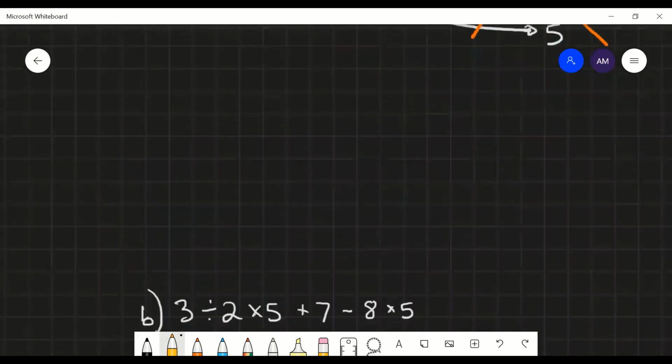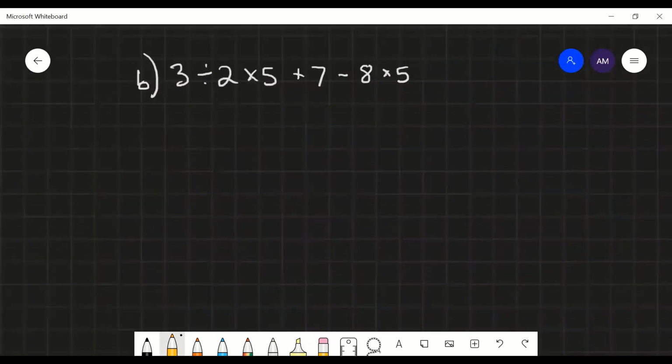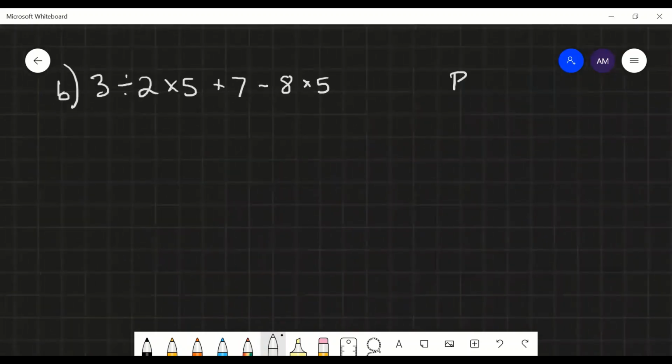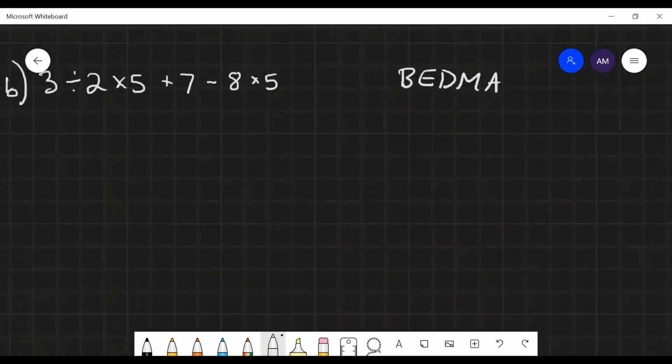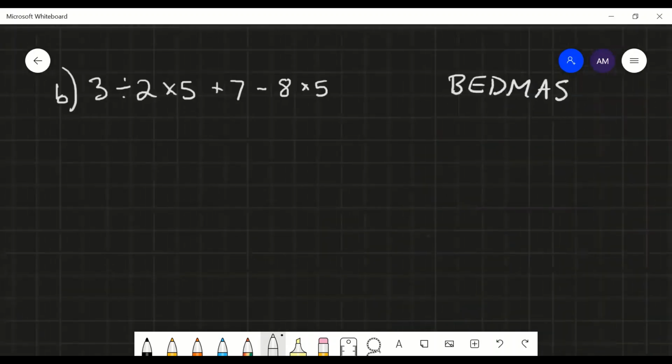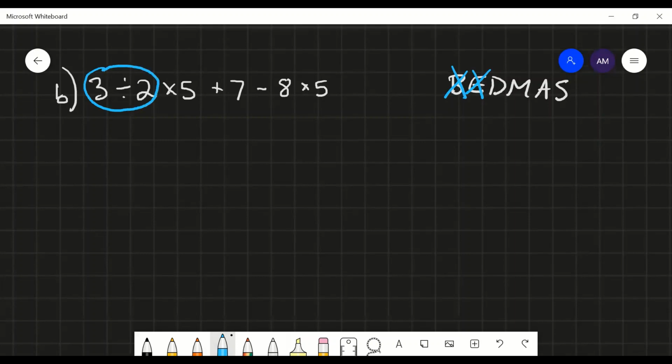Let's try it again on another example. So BEDMAS. Are there any brackets? No. Are there any exponents? No. Are there divisions? Yes. So I see a division right here. 3 divided by 2.